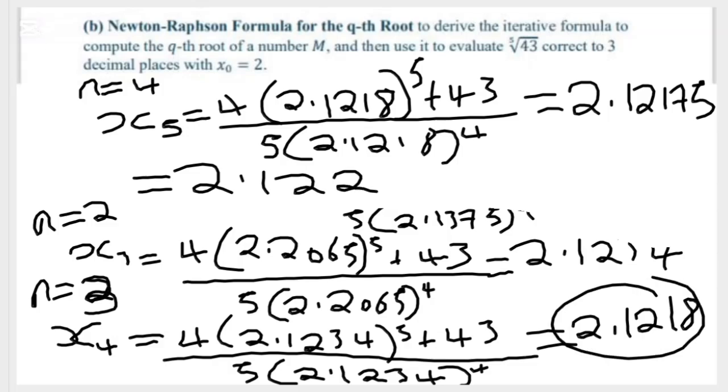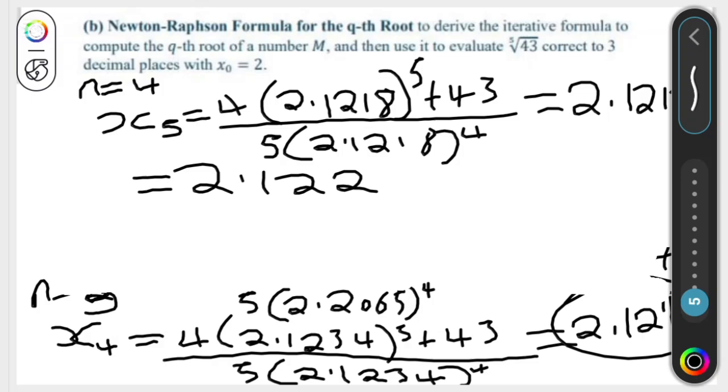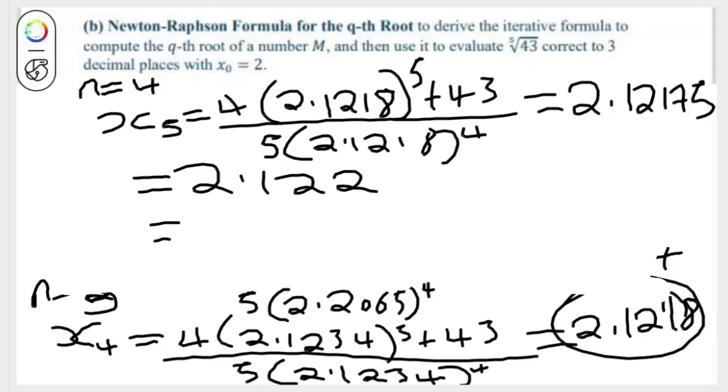If I approximate x4 to 3 decimal places, the 8 will add 1 to the 1, making it 2, and the 7 will add 1 to this 2, so it becomes 2.122.